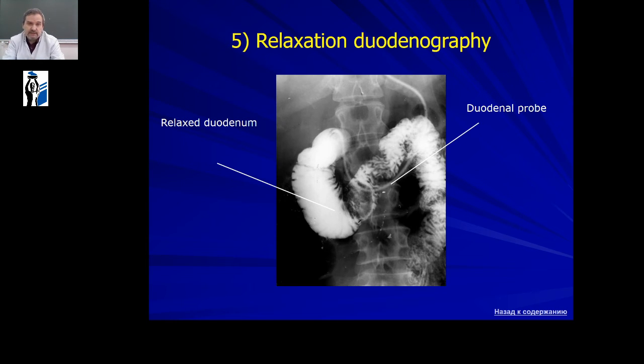The next special technique is relaxation duodenography. And we can see a relaxed duodenum and duodenal probe.